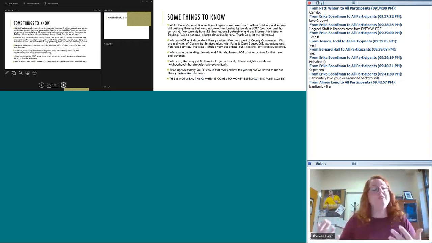I have a group of selectors and managers and public services staff that do an amazing job delivering library service, selecting library books, etc. But my job is not that job. My job is to ensure that the money that we receive from our funding authorities is spent properly, it's completely transparent, and that we have processes in place to catch things so that we don't wind up, heaven help us, in the newspaper with them throwing away books or a variety of other things. They're not buying a great collection, et cetera, et cetera.